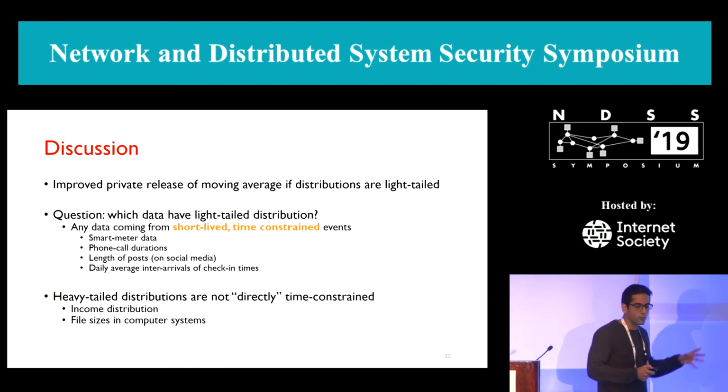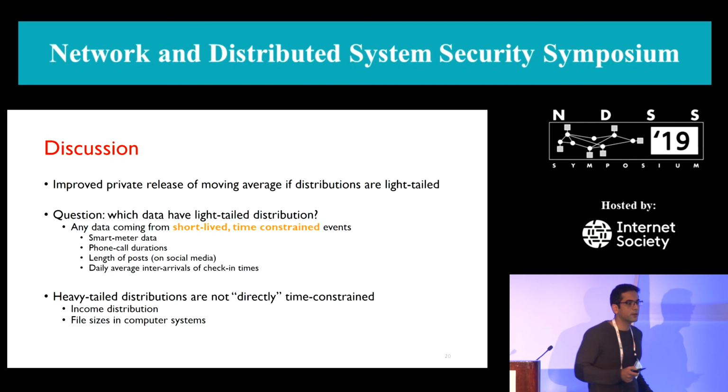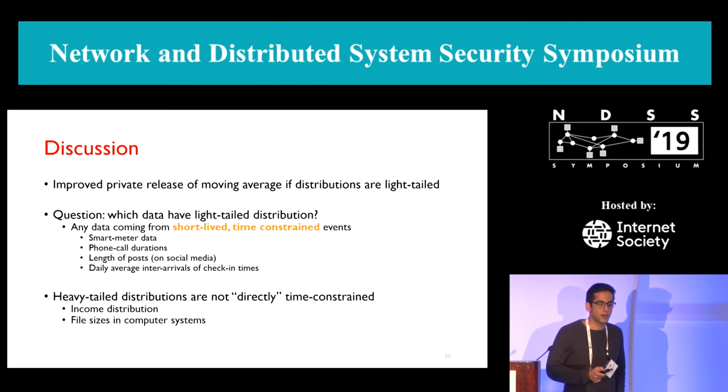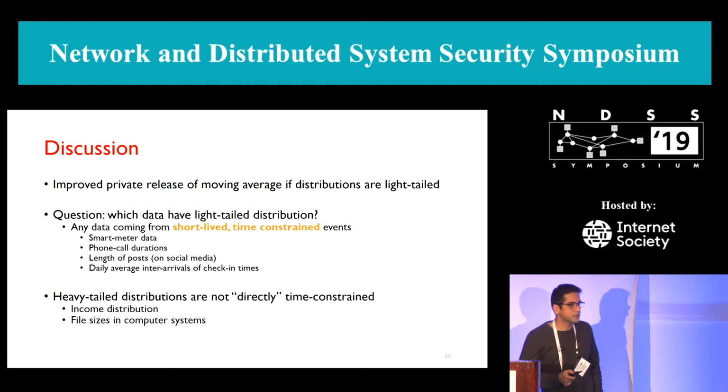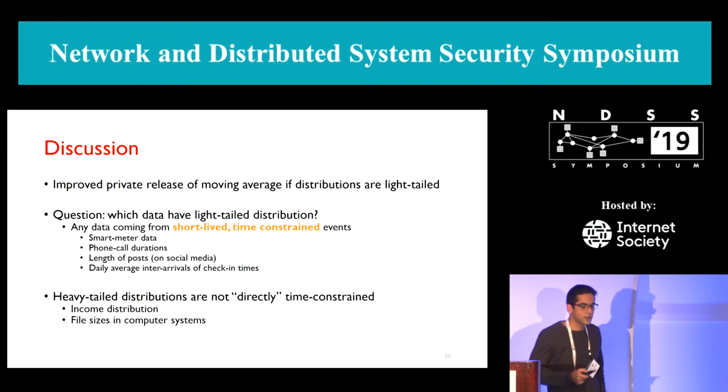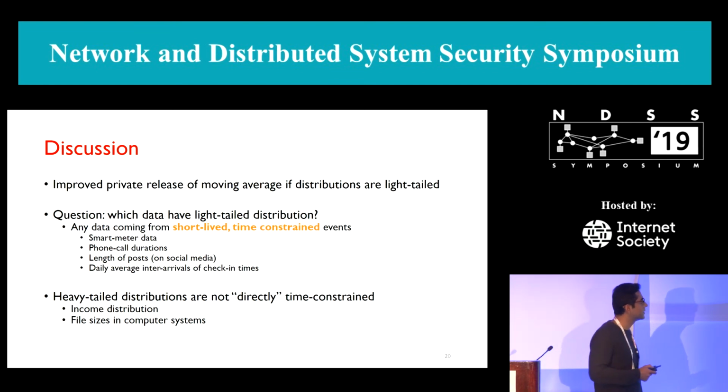We mentioned that we obtain an increased utility with our mechanism as long as the distribution of the stream is light-tailed. So the obvious question is, what sort of data distribution is expected to be light-tailed? We believe these are distributions that come from short-lived, time-constrained events.